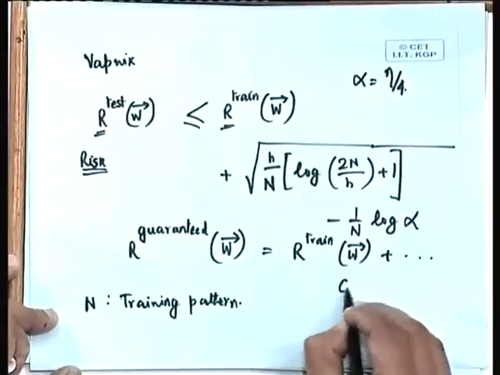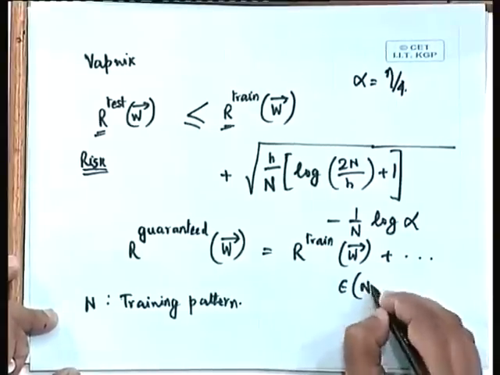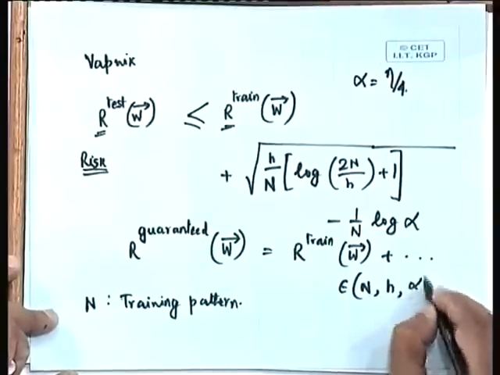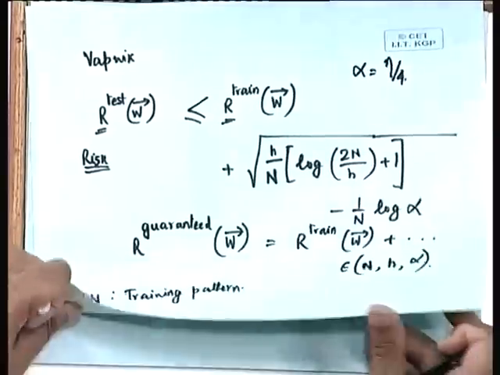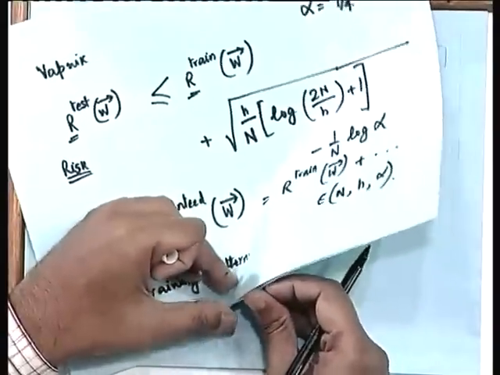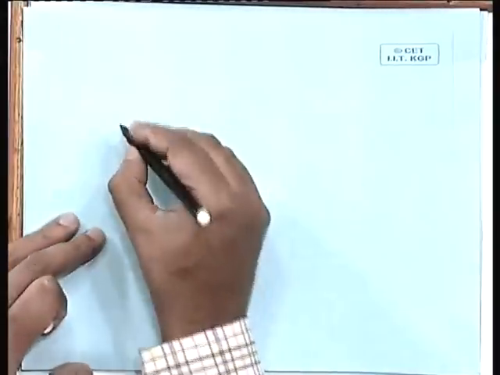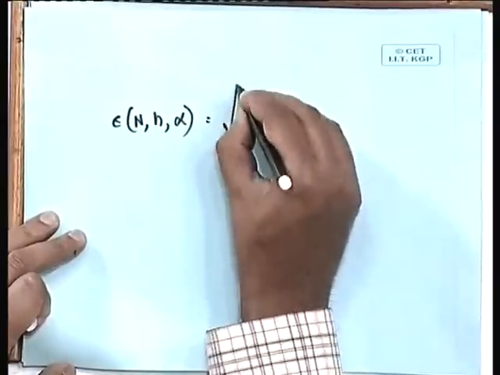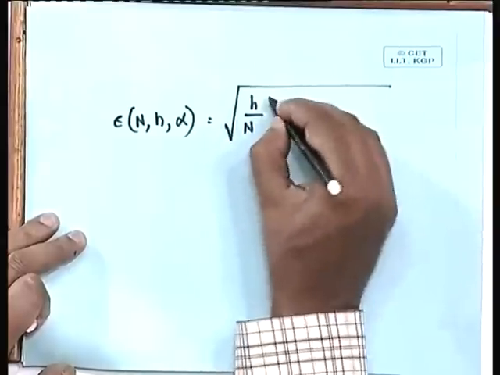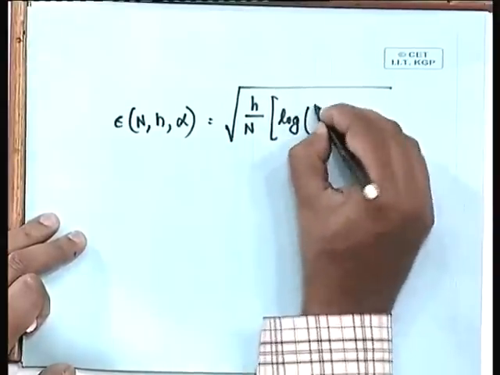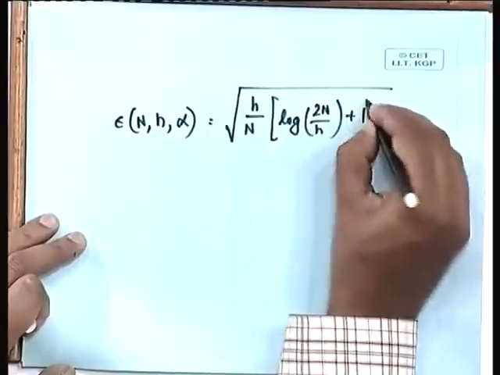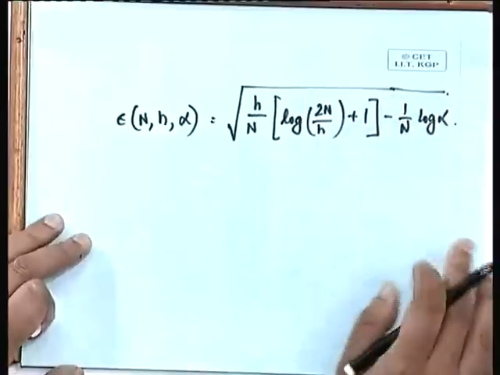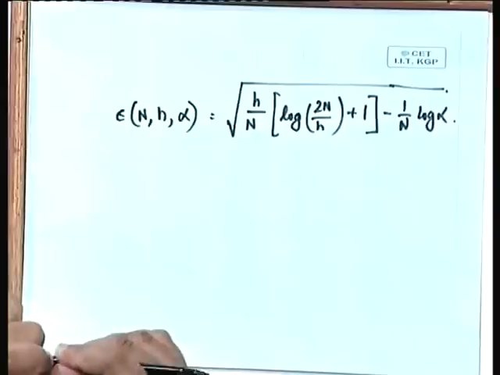We are going to call this epsilon, which is expressible as a function of three things, N, H and alpha, where epsilon of N, H, alpha is going to be this expression, that is H by N into log 2N by H plus 1 minus 1 by N log of alpha. All right. So this is what we are getting.